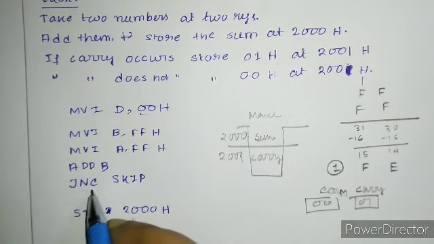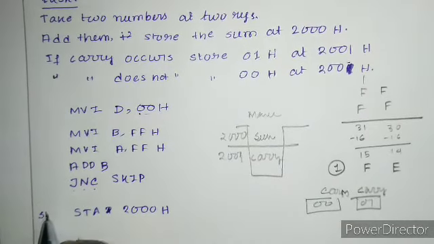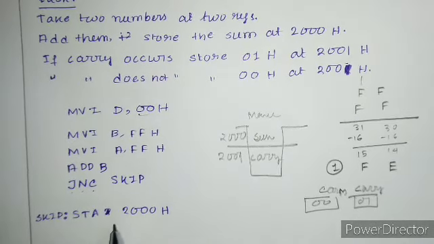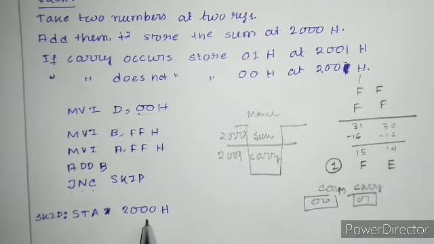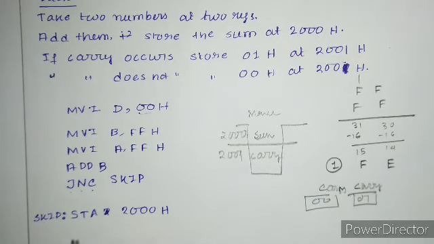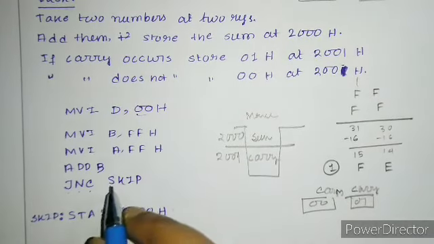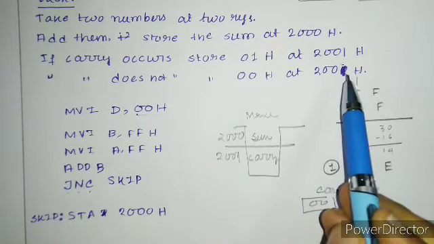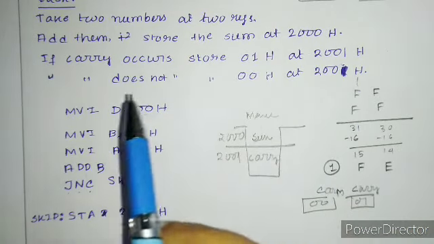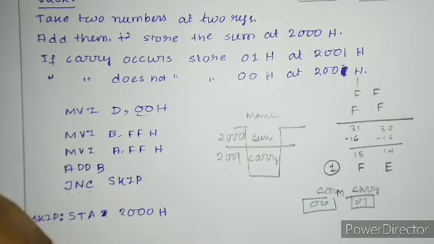Jump if not carry, skip to this location and store the result. Store the summation at 2000H first.